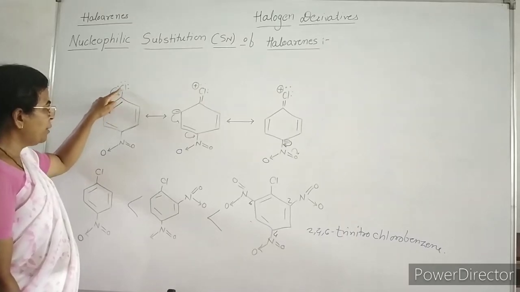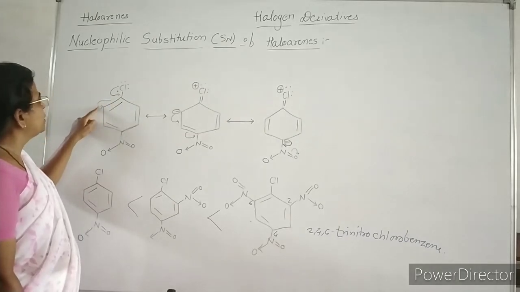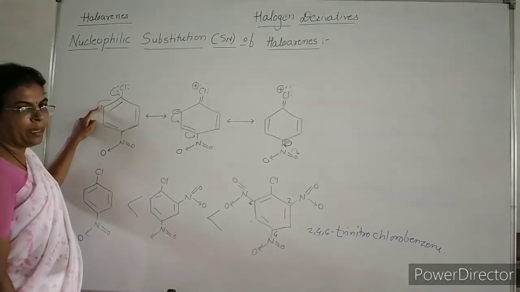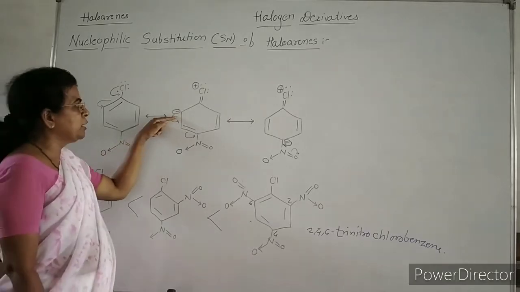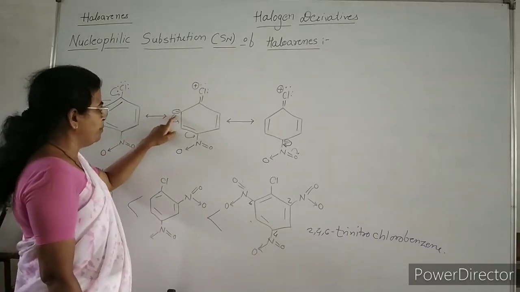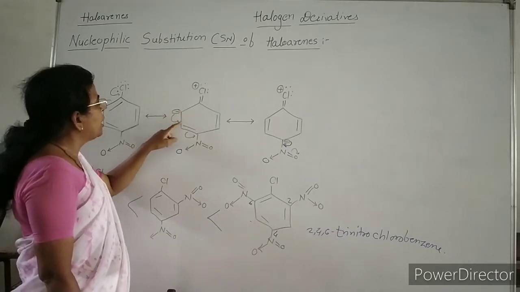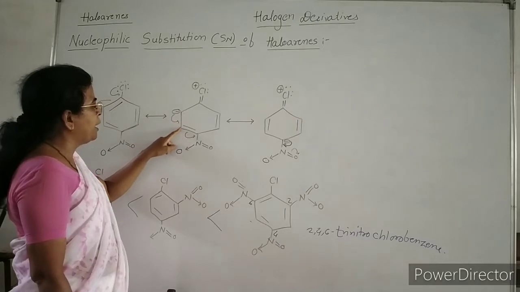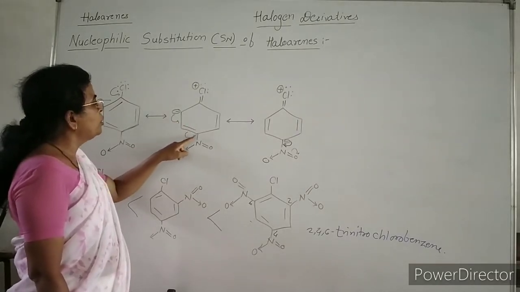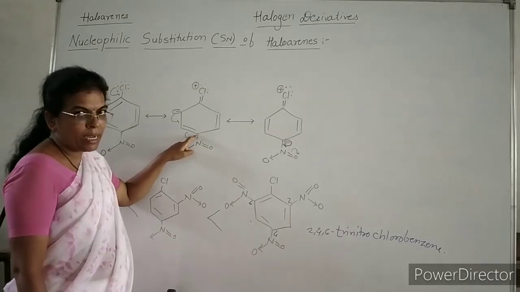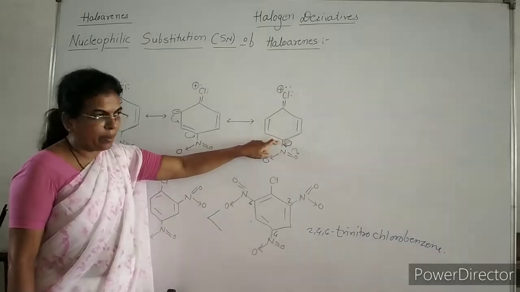gets shifted in between this carbon-chlorine bond, then this pi electron gets shifted on this ortho carbon atom, and then we get this structure, that is, this is the second resonating structure. Now here these ortho electrons or negative charge get shifted in between these two carbon atoms, and then these pi electrons get shifted on this para carbon atom, and we get negative charge at para carbon atom.